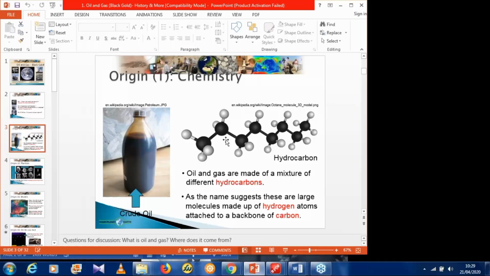As the name suggests, we have large molecules of hydrogen atoms attached to the backbone of carbon. What you're seeing in this background, I believe you can see it very well, are the black elements representing the carbon atoms, and the white representing the hydrogen atoms.